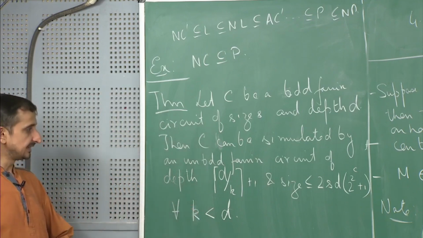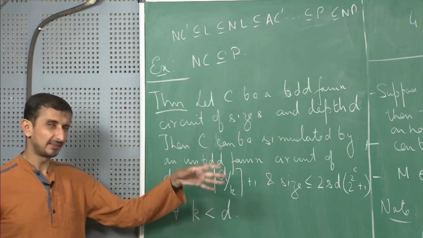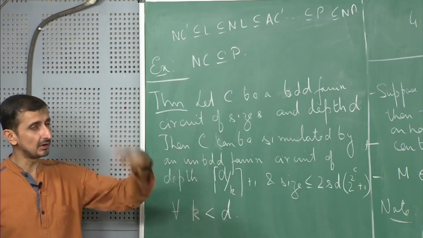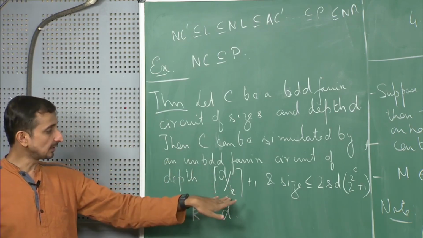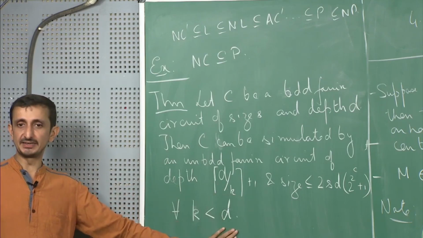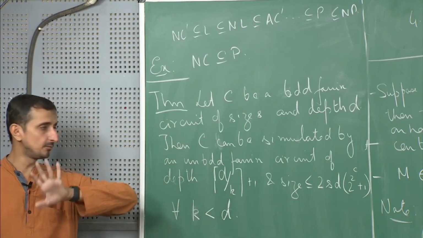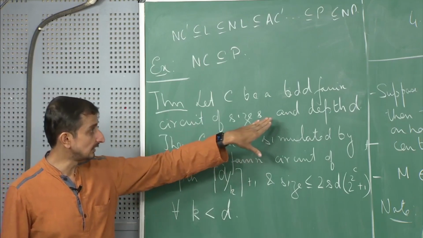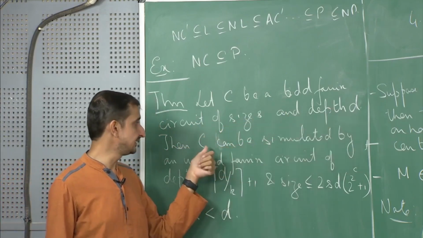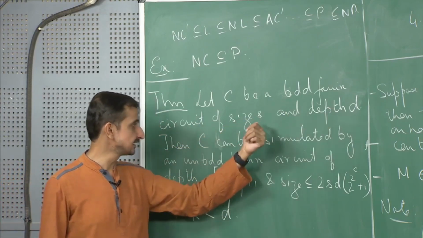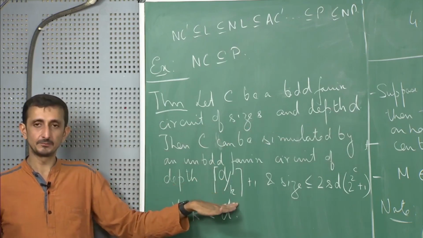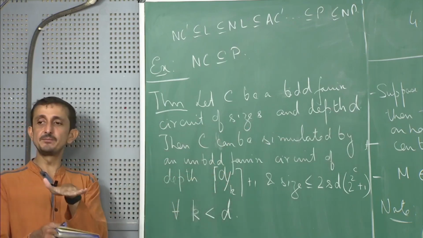What we are saying is that for any number, it need not even be a constant, think of k as any number that is at most D. You can choose k to be whatever you like. Given a bounded fan-in circuit of depth D and size S, I can reduce the depth by a factor of k, from D to D by k.